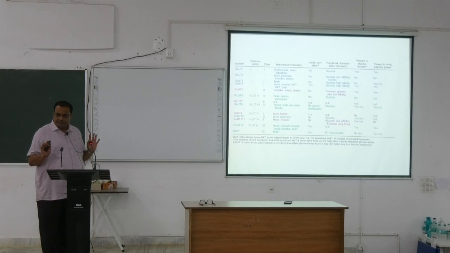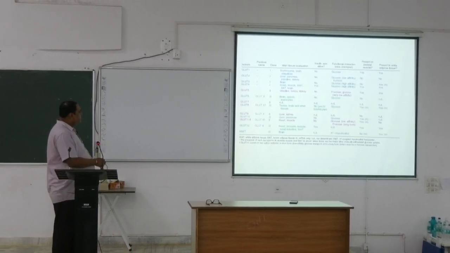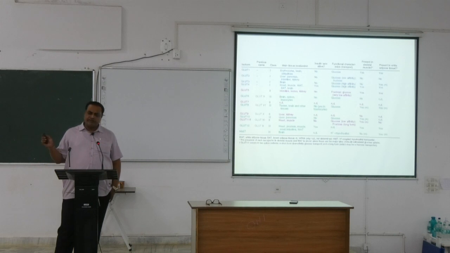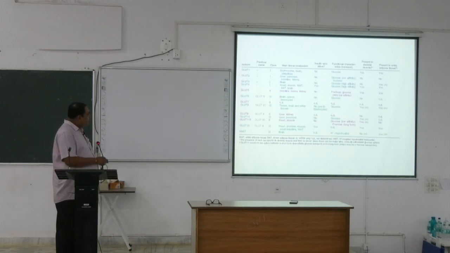GLUT1 is found ubiquitously, meaning everywhere, the brain, etc. Predominantly, it is insulin insensitive and it transports glucose.